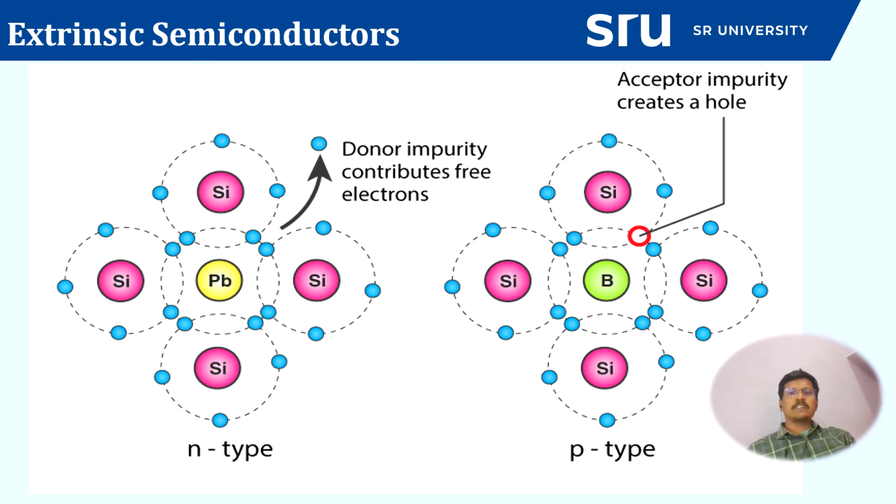The word extrinsic simply means that its properties are influenced by an external factor, namely the impurity atoms. An interesting fact is that even one impurity atom among millions of silicon atoms can significantly change the electrical conductivity.